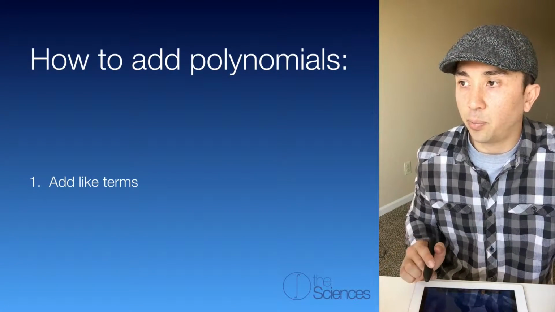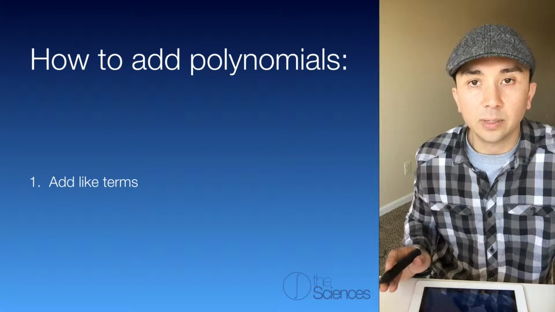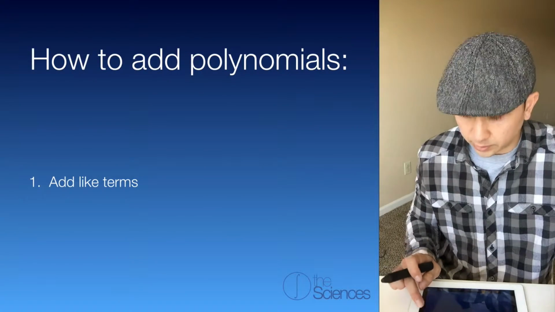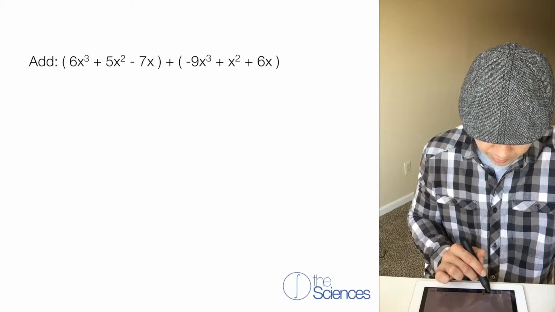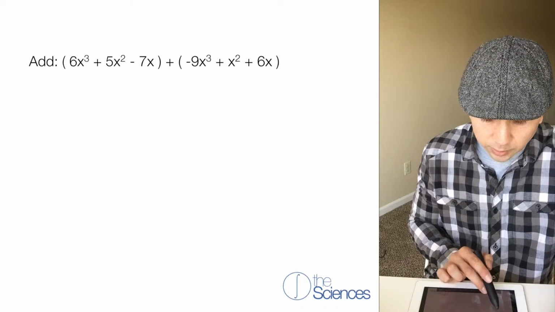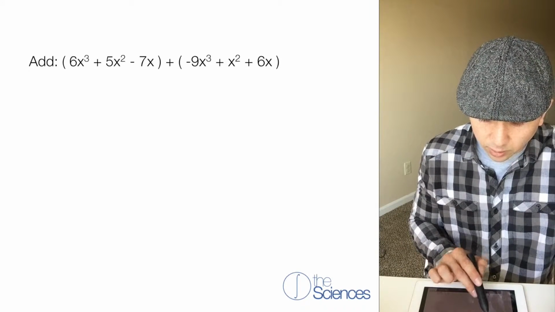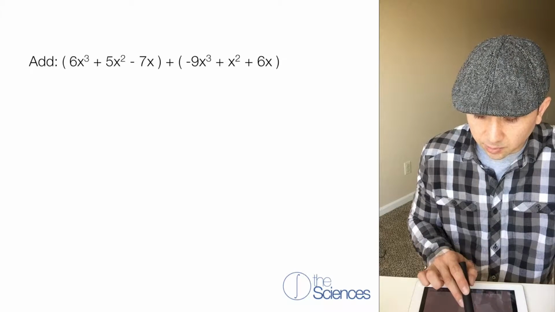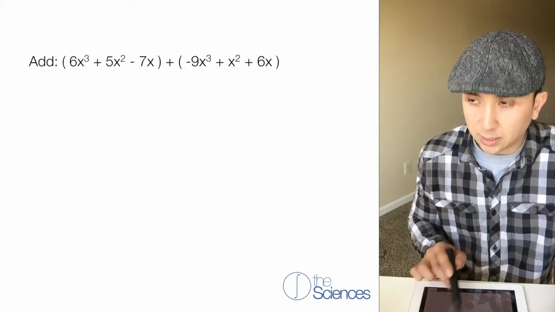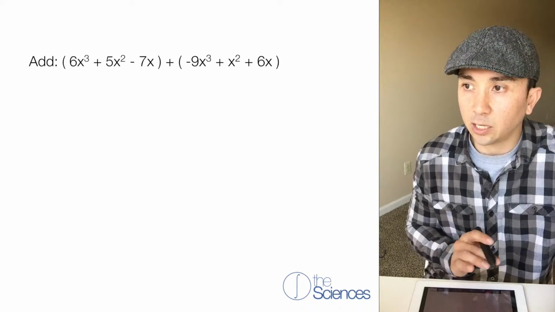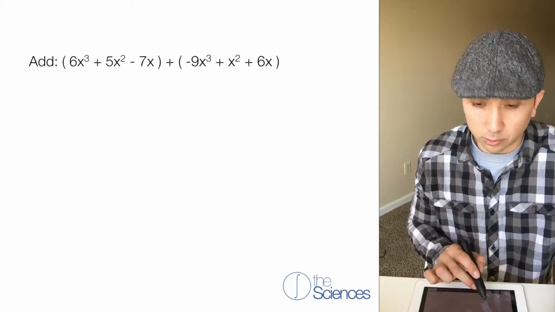Now here's how to add polynomials. All you're going to do is add the like terms. So let's do an example. Let's add 6x cubed plus 5x squared minus 7x plus negative 9x cubed plus x squared plus 6x. So we can just rearrange the like terms.